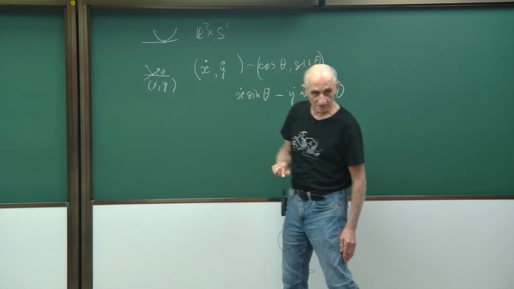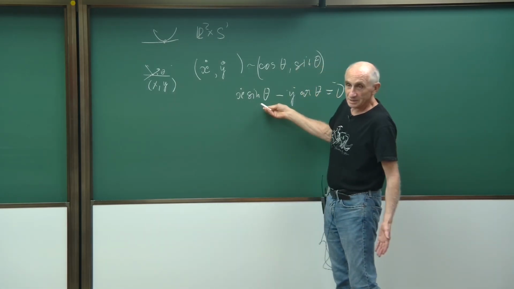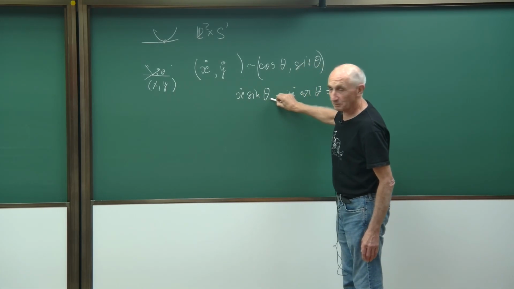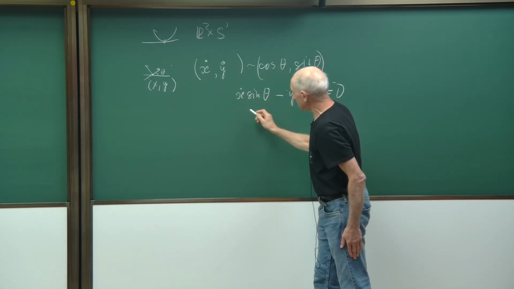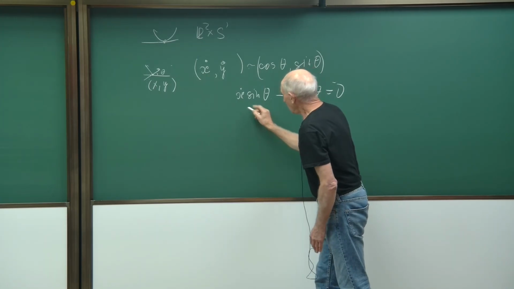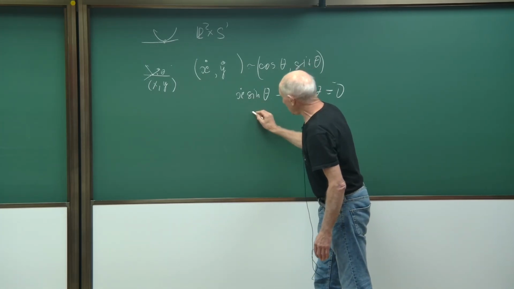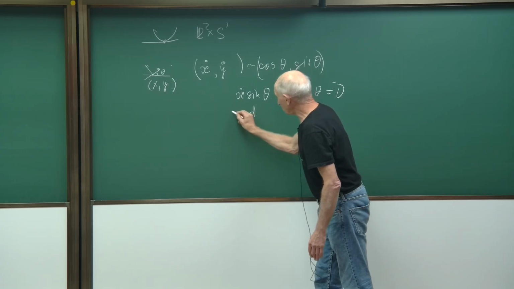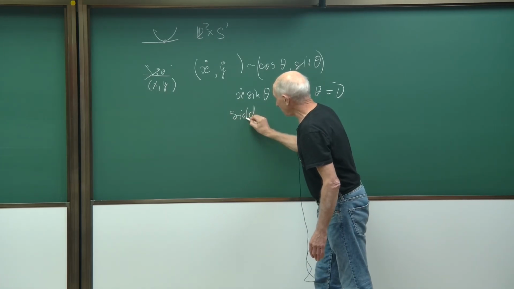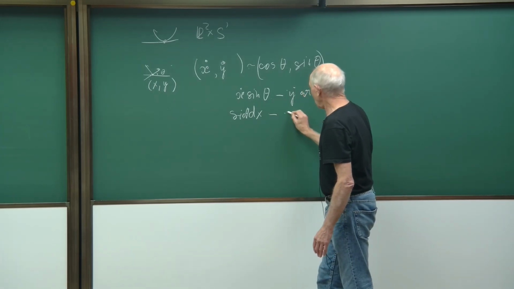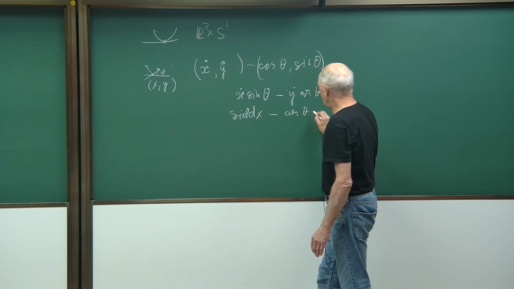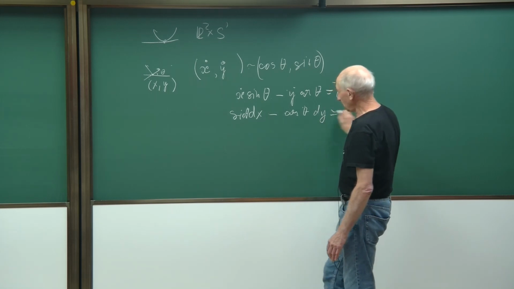This condition precisely means that our velocity vector is tangent to the plane field given by the Pfaffian equation sine theta dx minus cosine theta dy. So our vector should lie in this plane, tangent to this plane field.